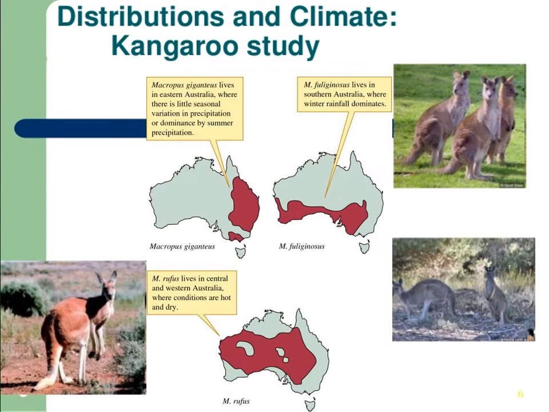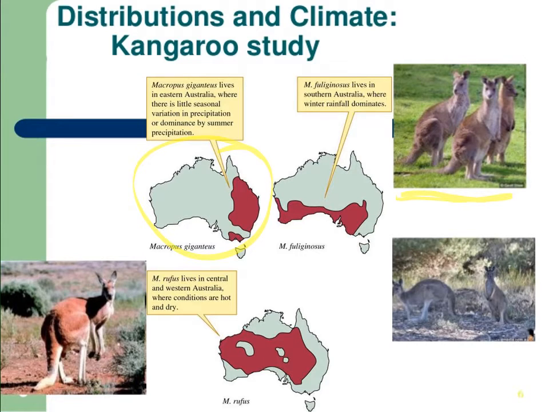So here we have the map from your chapter where you're looking at the distribution of these three species of kangaroo. We have the eastern gray, whose picture's at the top right, and he's found in a variety of biomes across eastern Australia.